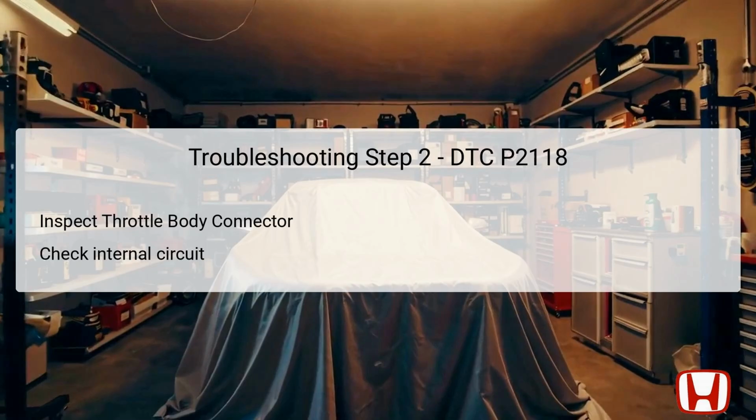Step 3 involves investigating the MTR1 and MTR2 circuits, as well as the SG3 circuit. First, ensure the throttle body and PCM, powertrain control module, connectors are disconnected. It is essential to jump the SCS, Service Check System, line with the HDS, Honda Diagnostic System, to properly isolate components and avoid false readings.